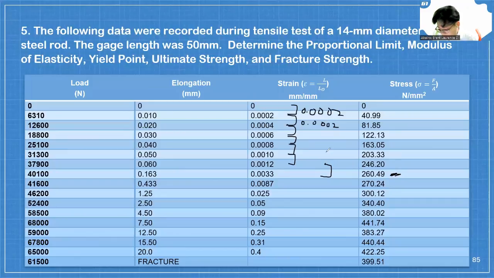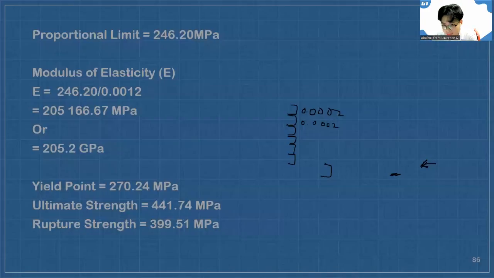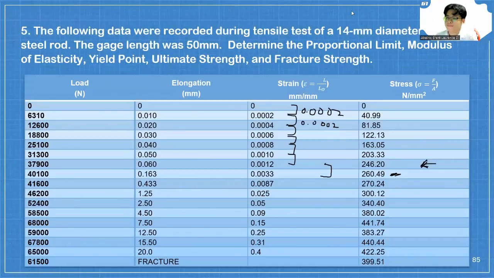So, sa ating proportional limit, by just simply looking at the data, we could see our proportional limit is this one. Yan ang ating proportional limit. We could next our slide, and we could see our proportional limit is 246.20 megapascals.